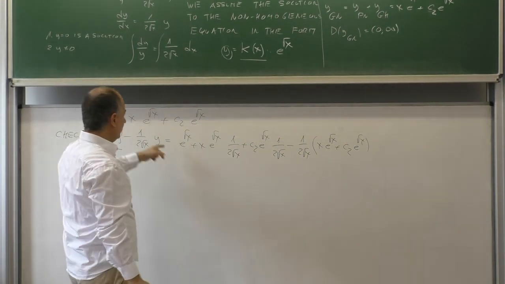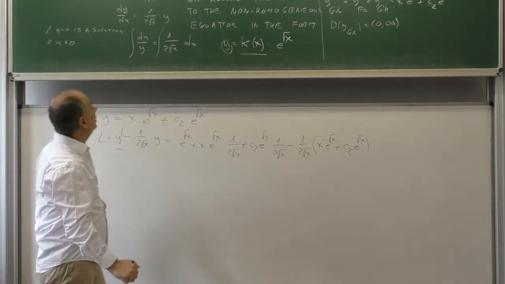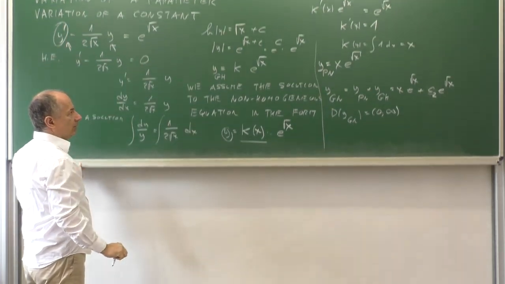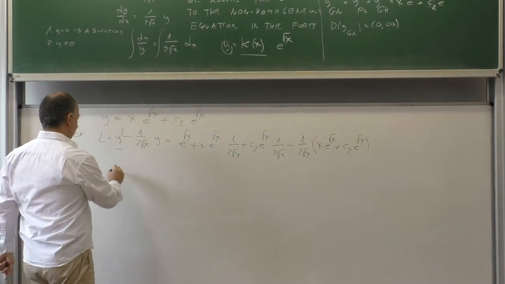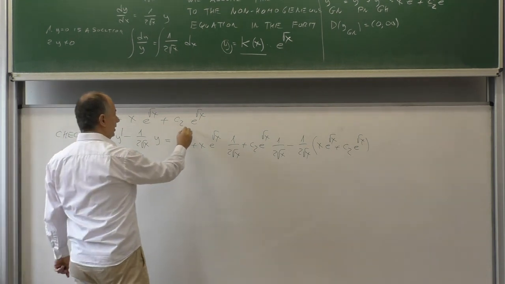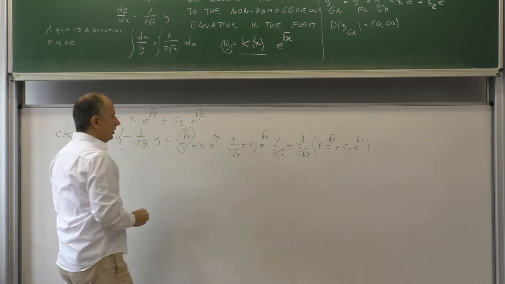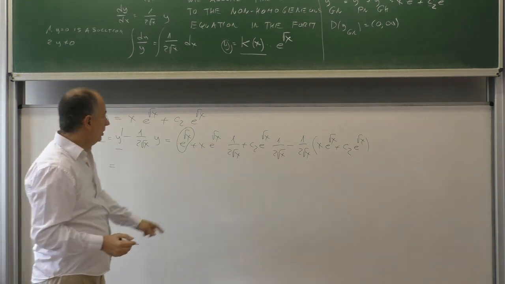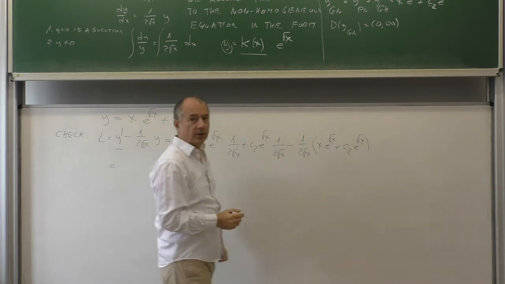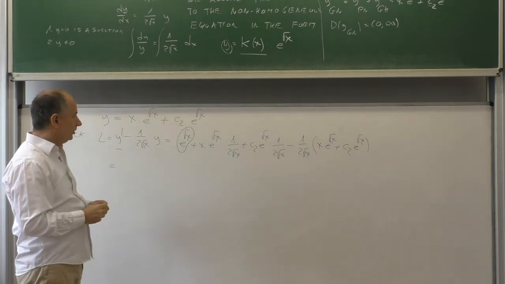So we would like to simplify this long expression to get only e to the power of square root of x. So, well, e to the square root of x is here, so we hope these 4 terms cancel each other completely to give 0.